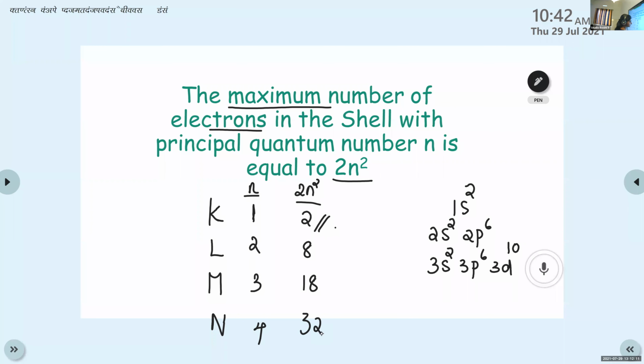So you can write here 4s2, 4p6, sorry, 4d10. Then the next one is 4f. What's the maximum number of orbitals in the F subshell? It is 7. Okay. So here 7 into 2, 14.